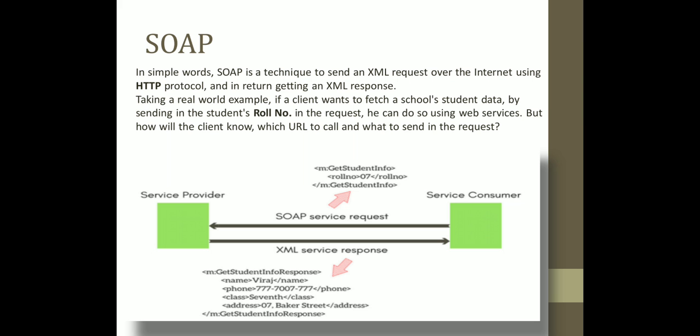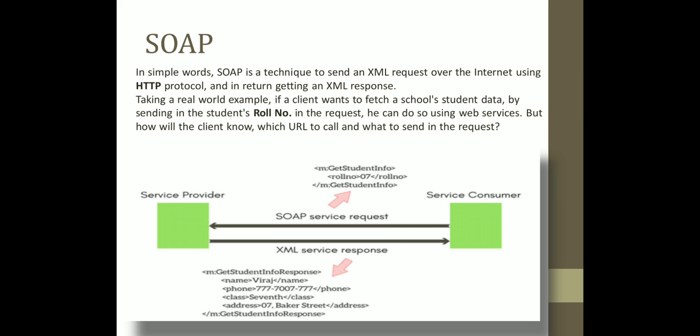So what will the service provider do? He will check the details of that particular student with roll number 7, get those details and put them in XML format so that they will be understandable by the user.